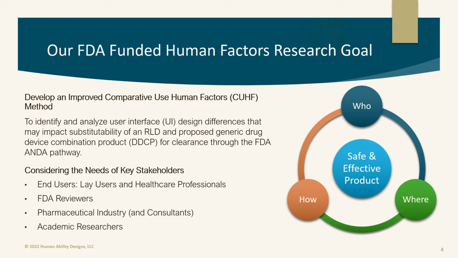We think about where a product is used, including clinical and non-clinical environments for generics, and then how a product is used, the use-related tasks that all bring some degree of potential use errors and risk into the use of the design, which means use-related risk is at the core of our comparative use method, and we're looking to help sponsors provide the necessary evidence that FDA needs to determine if a proposed generic user interface is safe and effective in support of an ANDA submission.